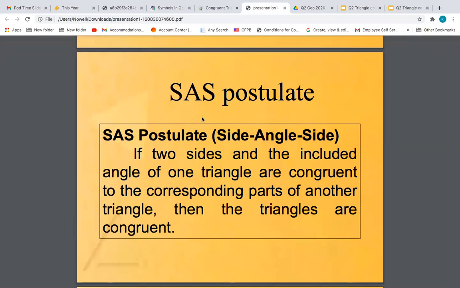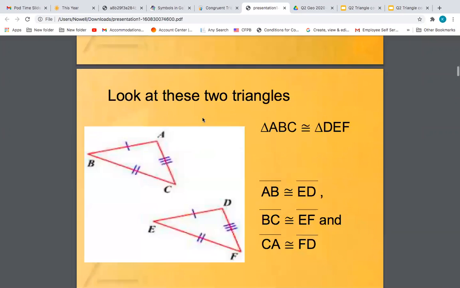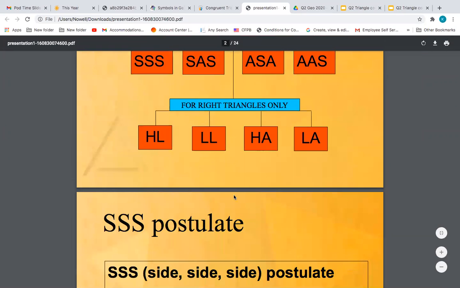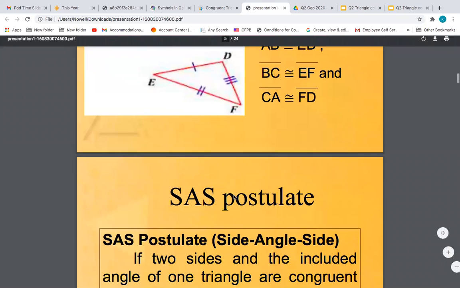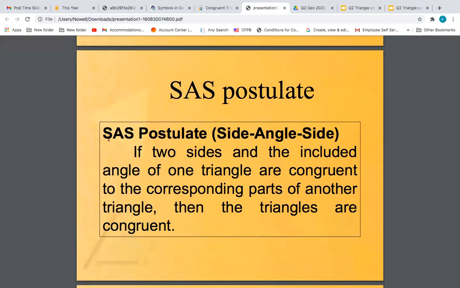There's another postulate that we looked into, which is the second one, side angle side, or SAS postulate.